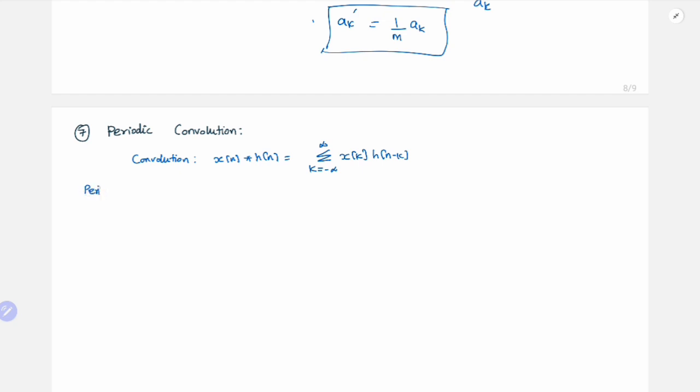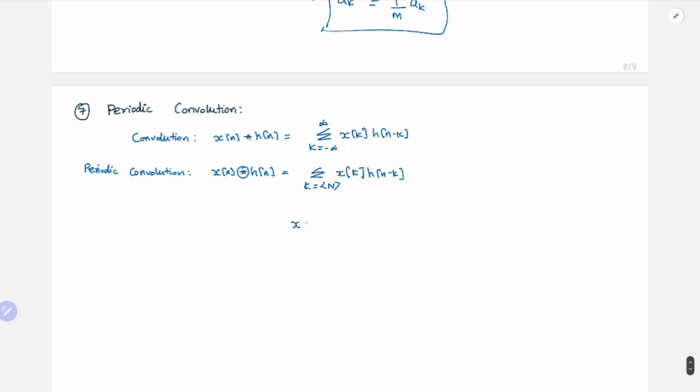For periodic convolution, you're just going to perform it over a period. So I'll call it x of n, and I'll use this notation, h of n is equal to summation k over n, or I can take some other variable r, it doesn't matter, k over n, x of k, h of n minus k. So this is the periodic convolution definition.